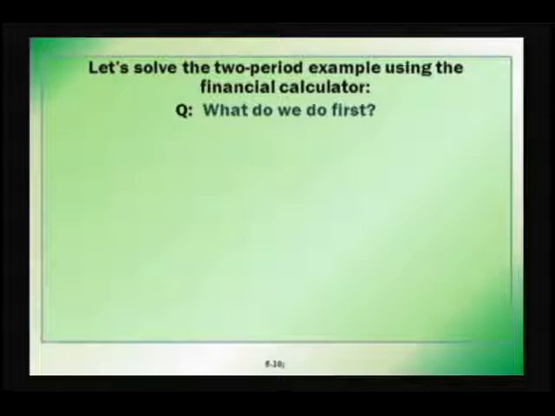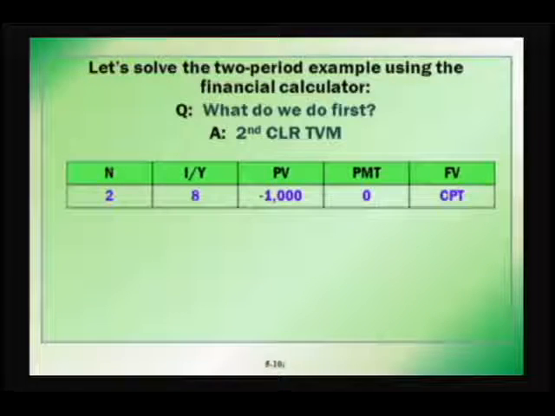So, if we're going to solve a new problem, what's the first thing we do with our calculator? You got it. Second, clear time value of money. Let's get rid of those old numbers. There's our factors. N is now 2 because we have 2 periods. I over Y is 8.